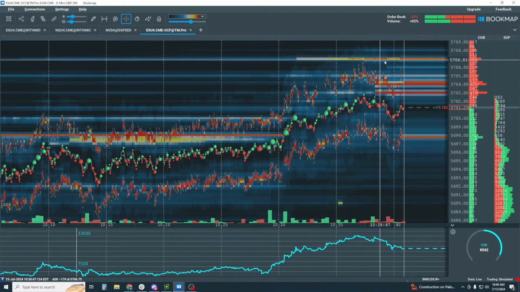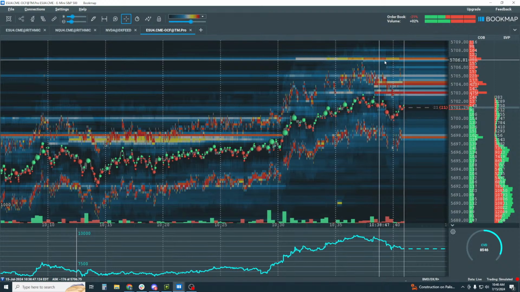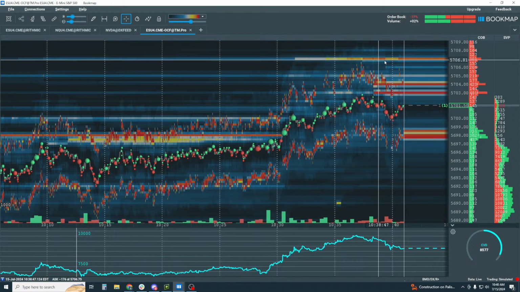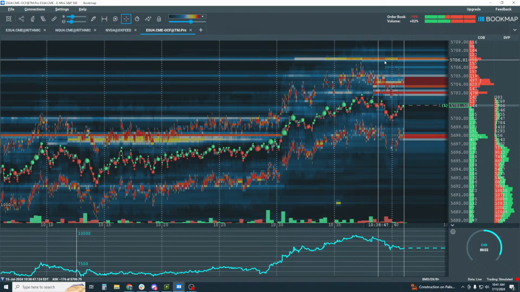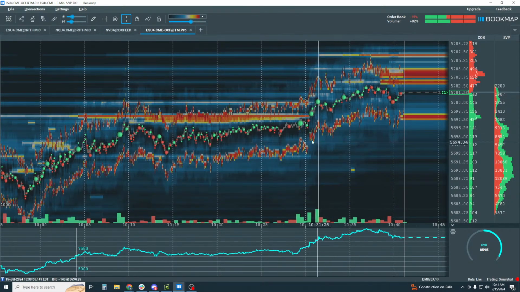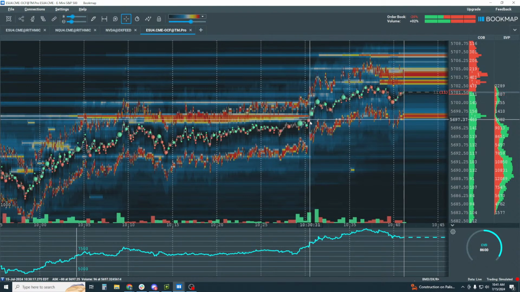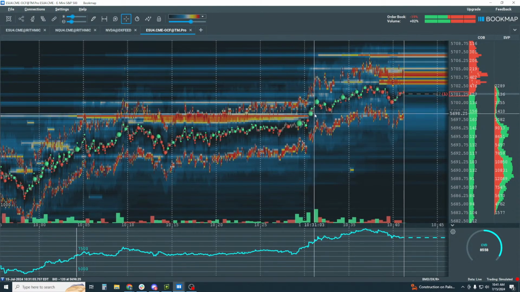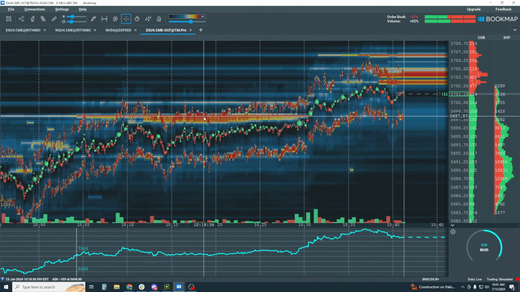Yeah, and the tape has to be really strong to break some of those initial balance swings. Okay, what you're looking for in a breakout trade or an impulse move is that volume. I kind of view it like a rocket ship.